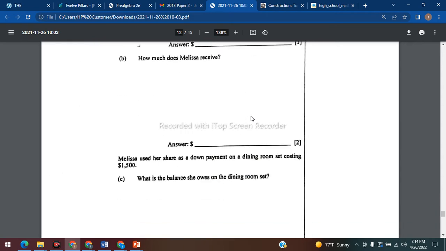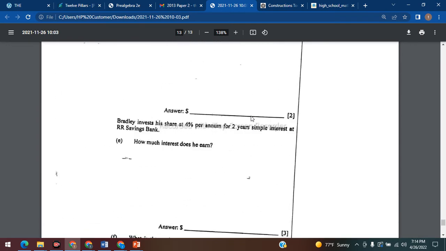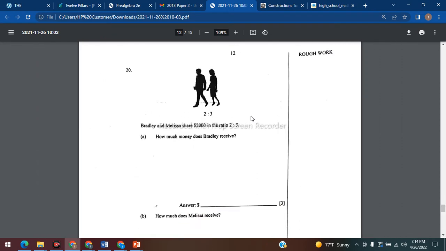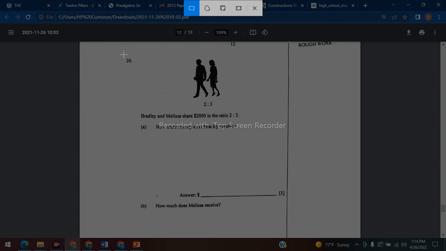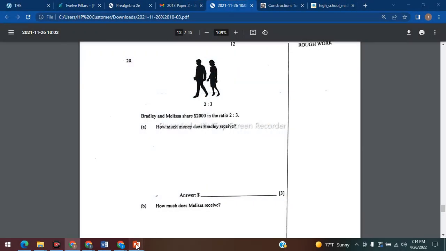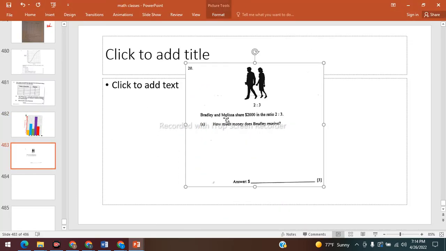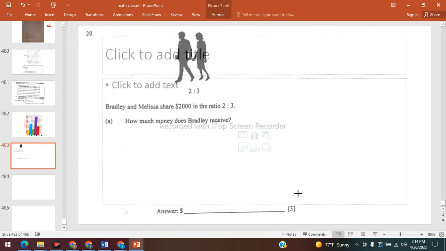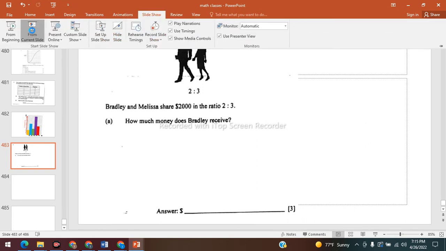It's a ratio problem. I wonder if we should do this first. Yes, we should do this, for sure. Ratios. So hopefully we like ratio problems. It's about Bradley and Melissa.